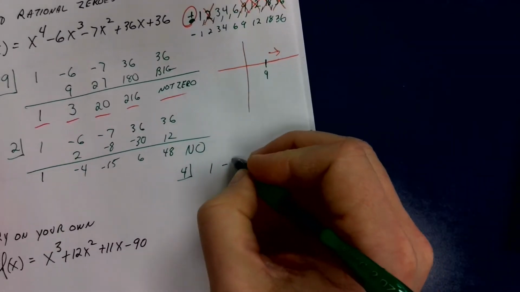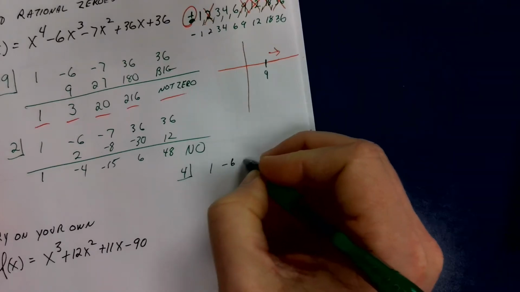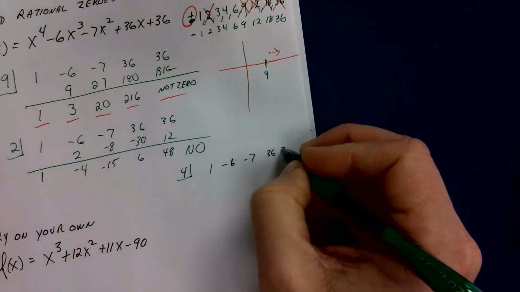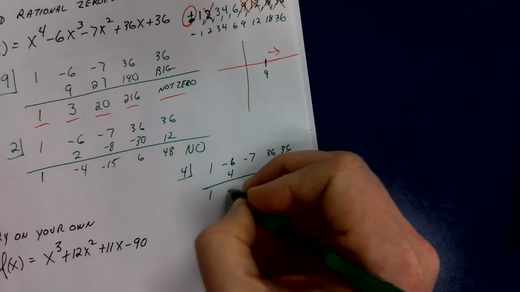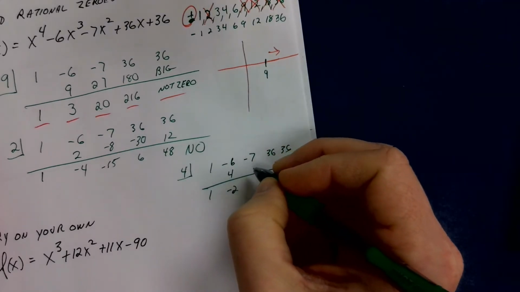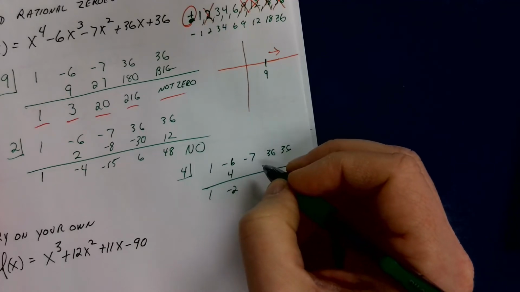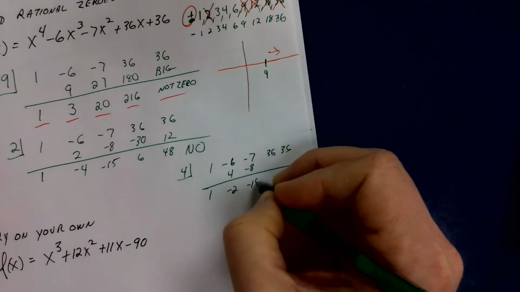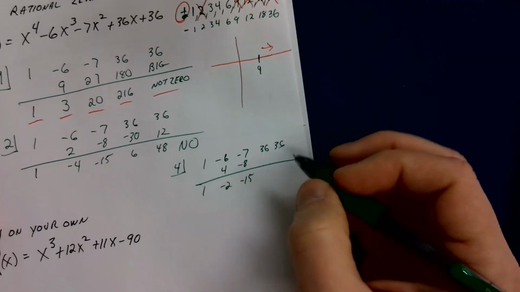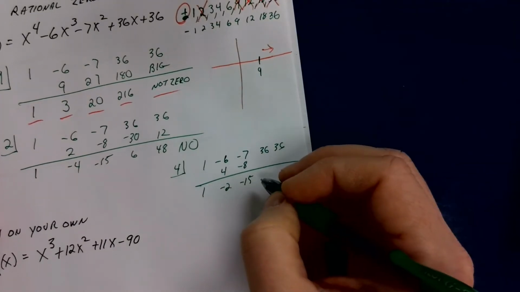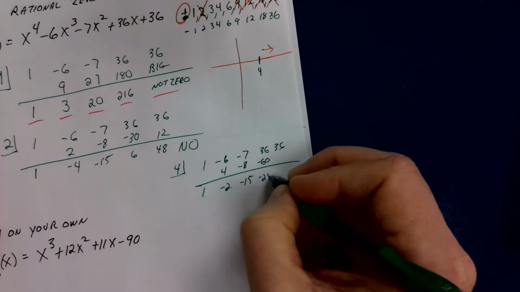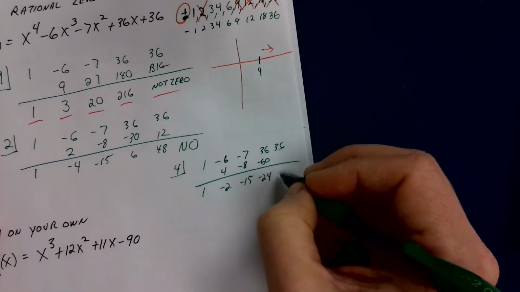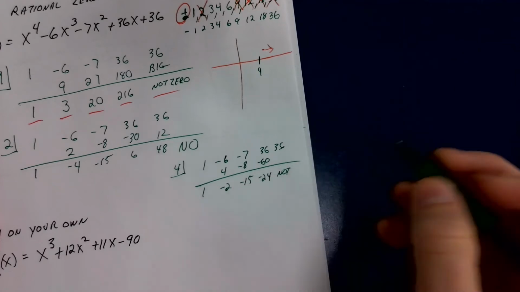So 1, negative 6, negative 7, 36 and 36. Here we go. 1, 4, negative 2, negative 8, negative 15. 4 times negative 15 is negative 60. Negative 60 plus 36, that's negative 24. There's a not 0. Crud.